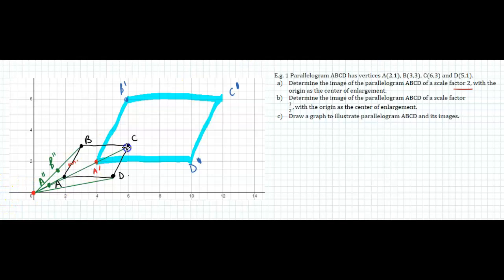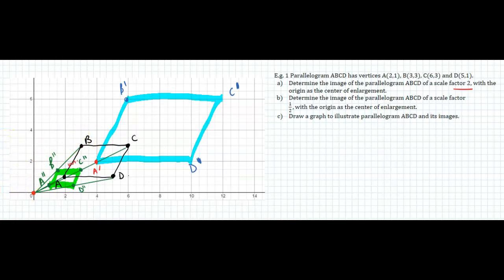So we would end up with something like a green parallelogram here. Notice it is half the distance of the black parallelogram, and it's in between the center of enlargement here and the actual object.